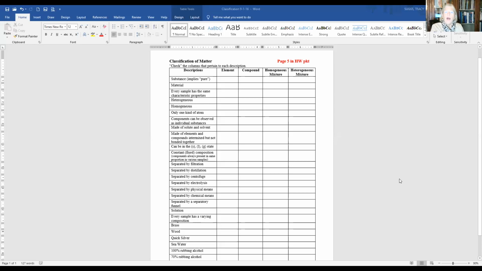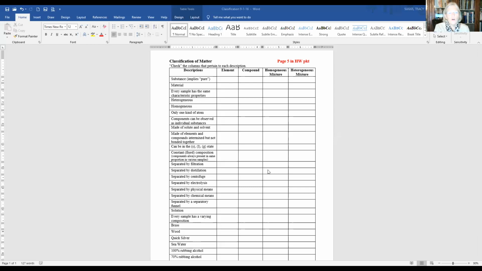The point of looking at all these classification schemes will be to understand these types of terms. I'm going to share my screen and show you one activity that you'll do for homework tomorrow. On page 5 in the homework packet, you'll need to identify from the classification scheme what representatives are characterized by these terms.